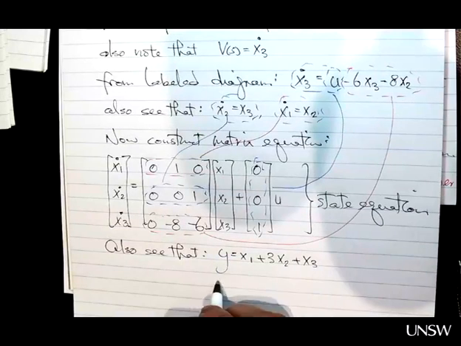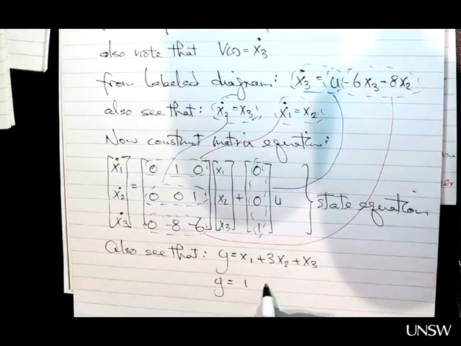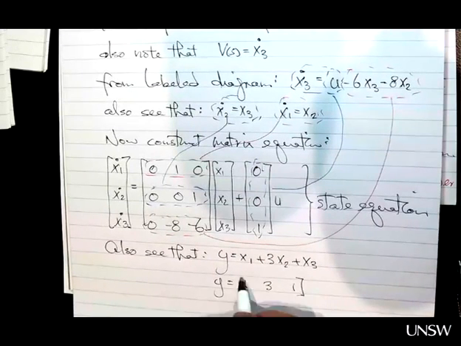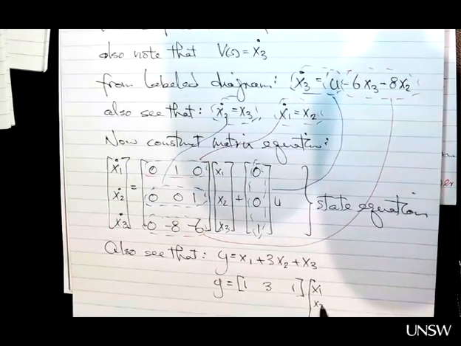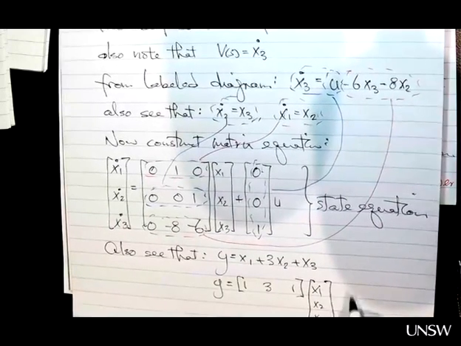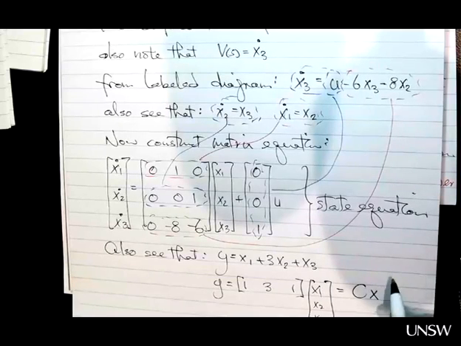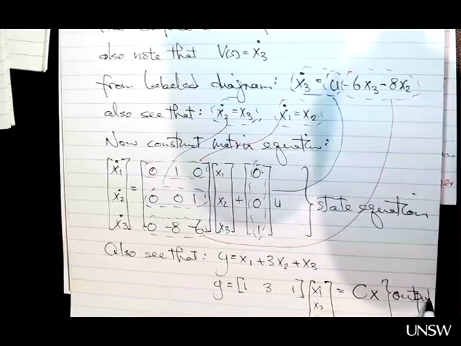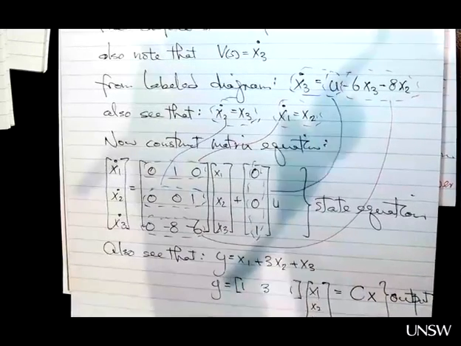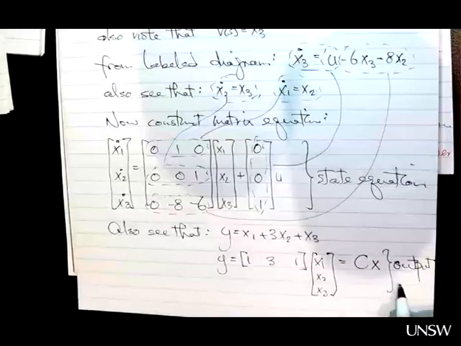Then y equals a matrix 1, 3, and 1 multiplied with x1, x2, x3. Okay, so we call it the C of x, and this one is called the output equation.